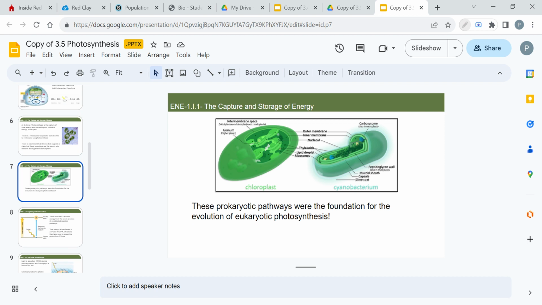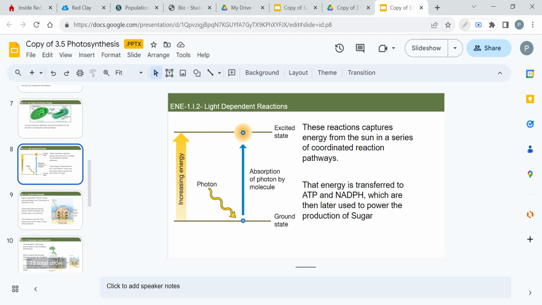They can do the light dependent reaction and the light independent reaction. So basically, what we're thinking is endosymbiotic theory. There was an early cyanobacteria. The animal cell ate it and said, I might just keep you around instead of trying to destroy you, because you can just make sugar for me. And then sure enough, now you have the sugar making factory. It's pretty cool to think about, right?